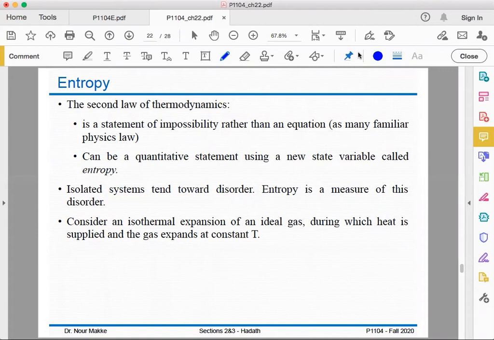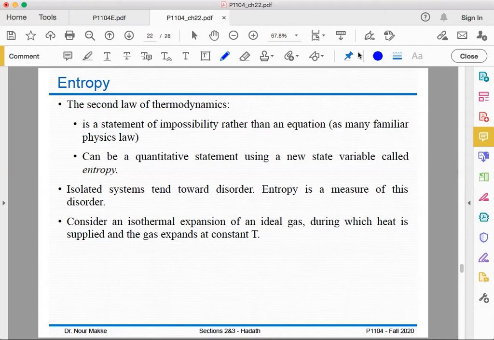And since it's not a quantitative statement, maybe we can introduce a quantitative statement of the second law of thermodynamics, but for this we need a new state variable, which we call the entropy. What is entropy? Actually, entropy is a measure of the disorder of a given system. Isolated systems tend toward disorder.